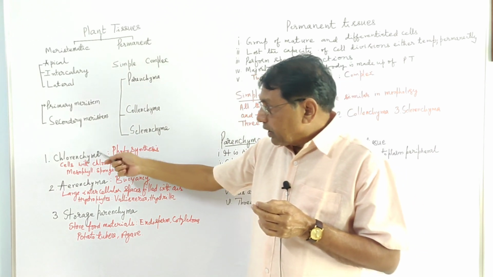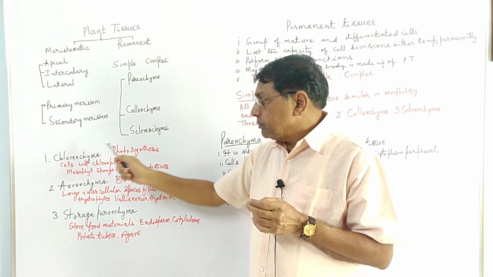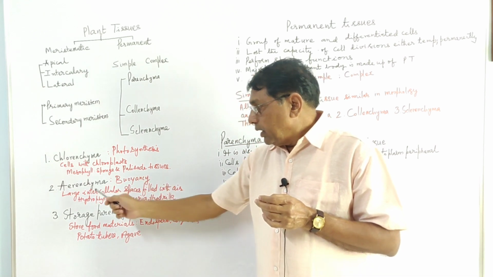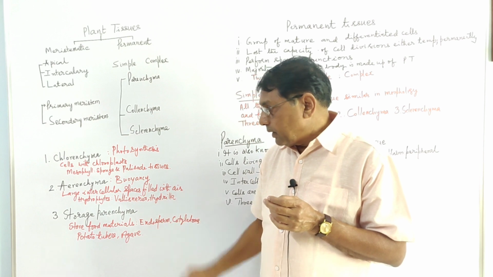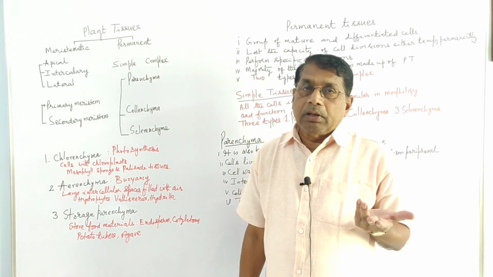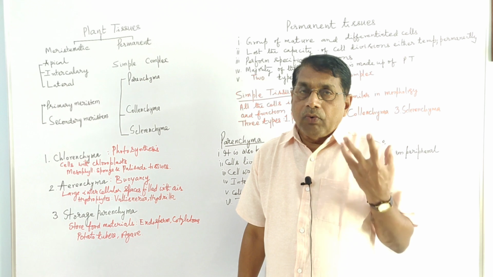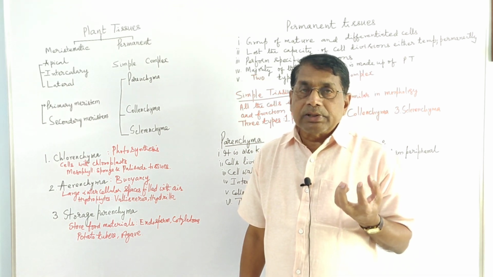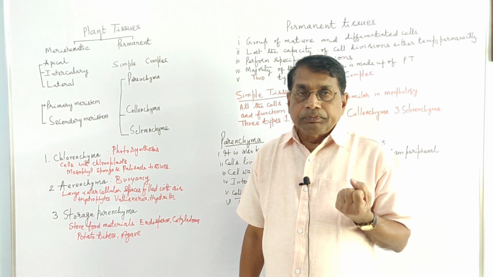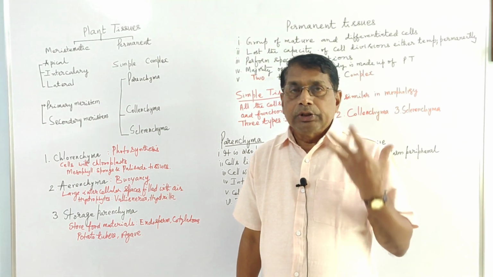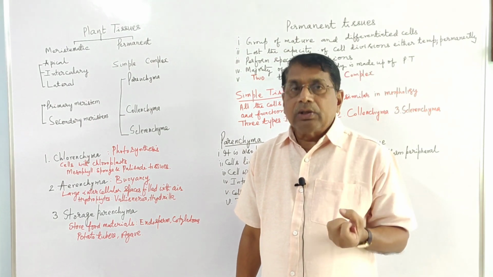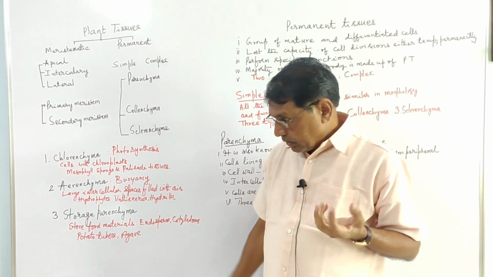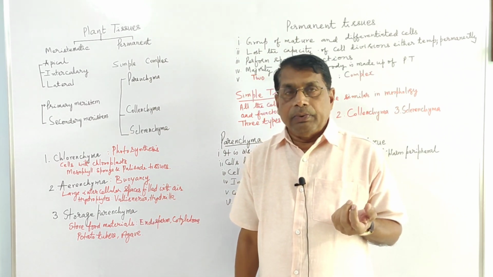These are the three types: chlorenchyma, photosynthesis, chloroplast; aerenchyma, intercellular spaces, air, hydrophytes, Vallisneria, Hydrilla; and storage parenchyma, which stores food materials and in some plants water. Where is it present? Endosperm, cotyledons, tubers, and succulent parts, where they store water, like in Agave.